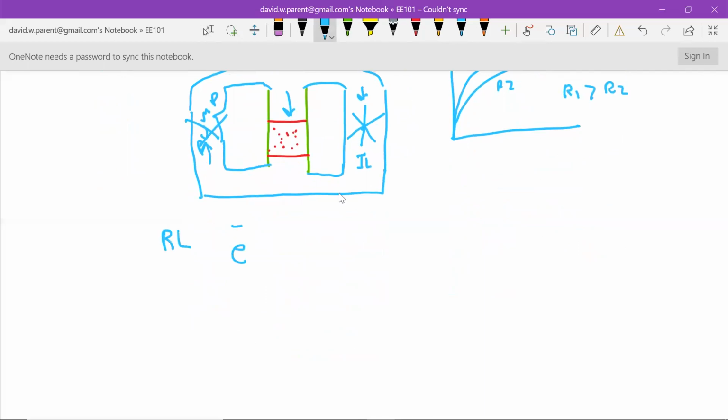RL, e to the minus t R divided by L. RC, e to the minus t divided by RC.